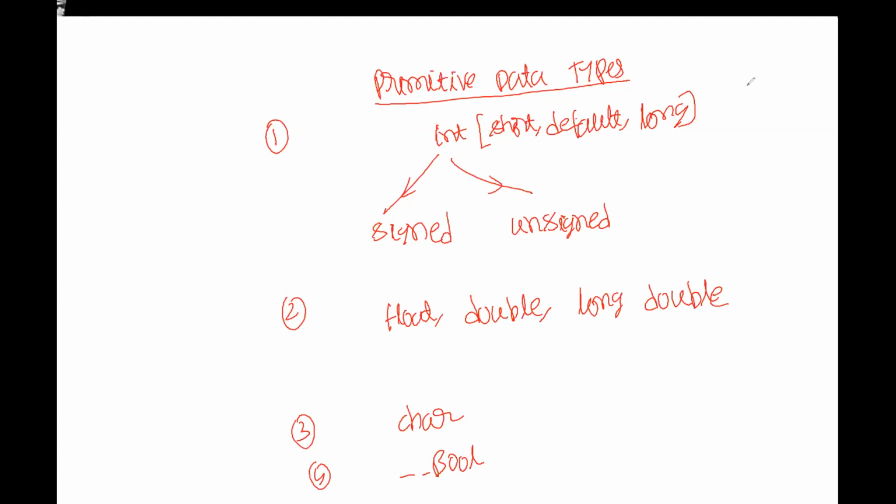Because no matter what we are talking about, finally, these are all encoded in the form of bits. And for each of the data types, there is a specific mapping function.